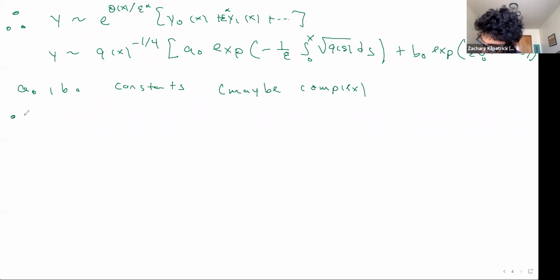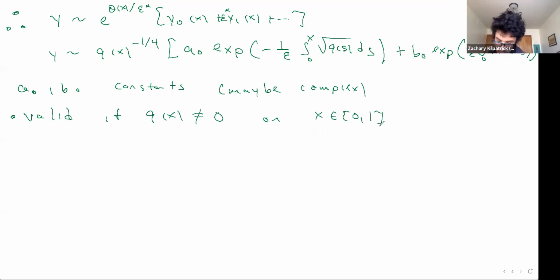And notice what I said before. This is valid if q of x is not equal to 0 as x goes from 0 to 1, okay? Because once q starts switching sign, then I'm going to need to break up this integral, and I'm going to have exponentials that represent different things: rapidly growing or decreasing functions, or rapidly oscillating functions.